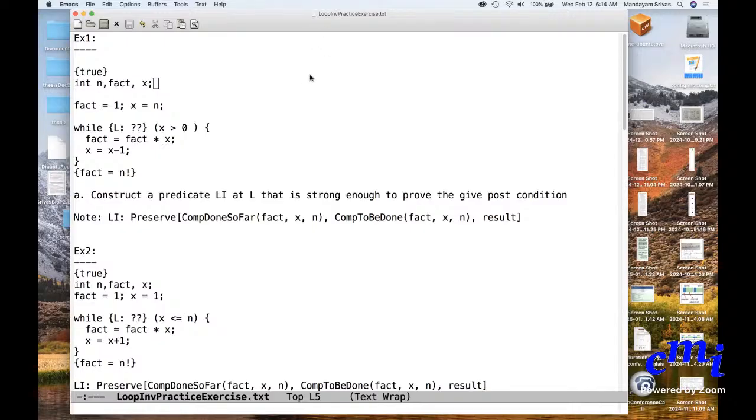I think we discussed this in the last class. The answer was probably n factorial equals x factorial into fact, or something. Well, why don't you make your answer precise? I know we had discussed loop invariants, so if you were there in the last class, it should make your life easier to give an answer. So, n factorial equals x factorial into fact.